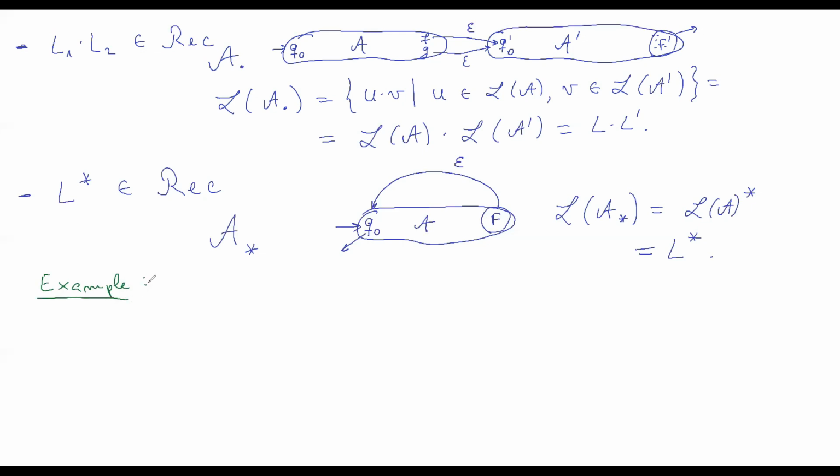Remember that we had in one of the previous lectures, for example, the language L, consisting of words W over alphabet A, B, in such a way that W has ABA as a factor.